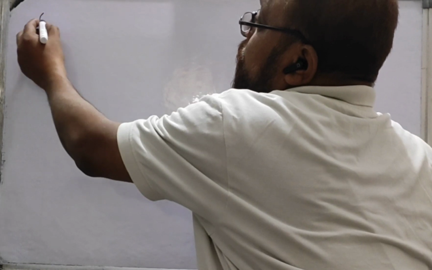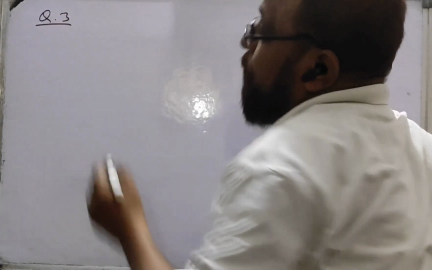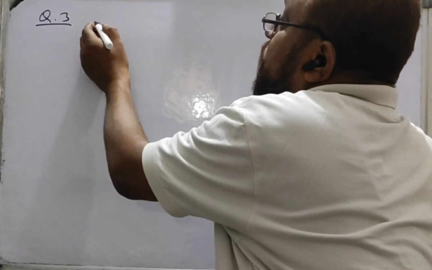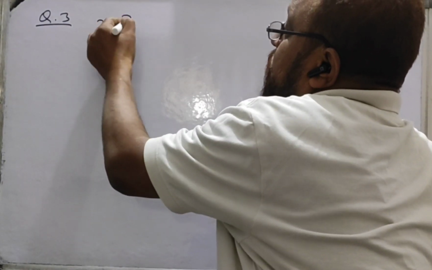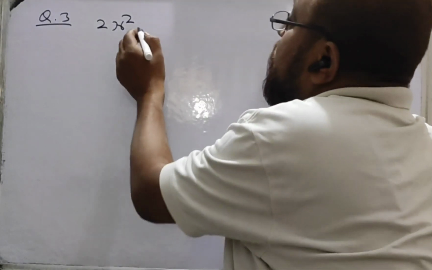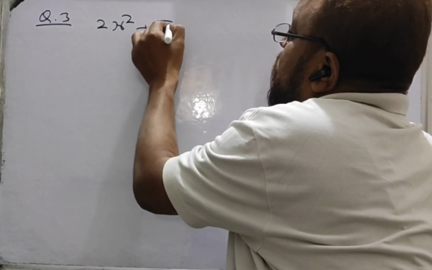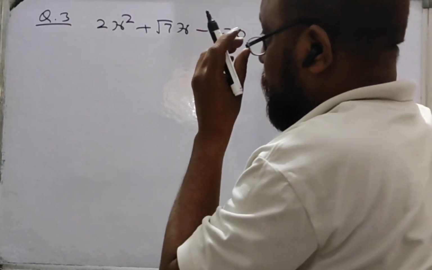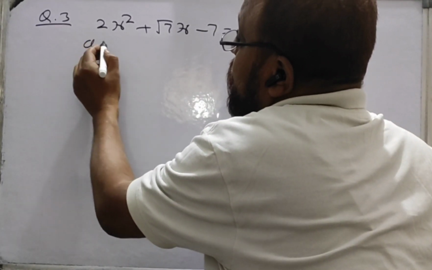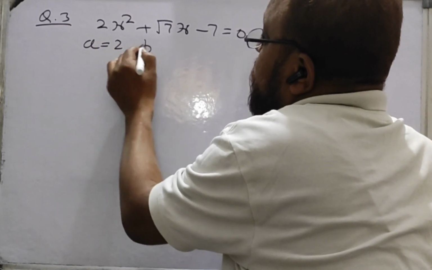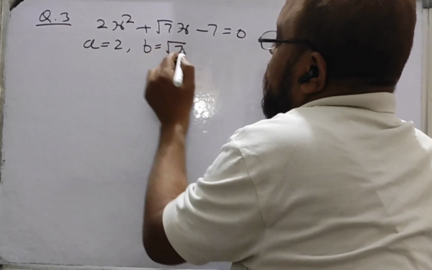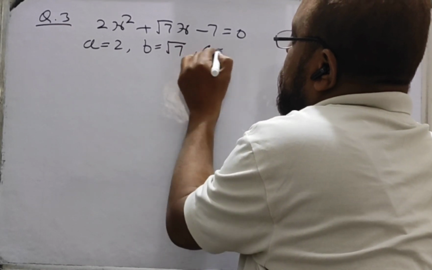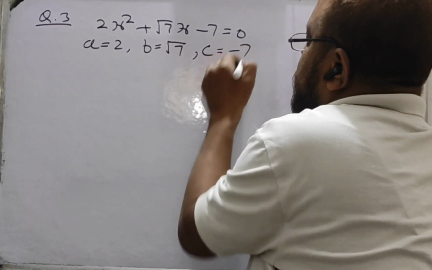Now we have question number 3. That is from quadratic equations. That is 2x square plus root 7x minus 7 is equal to 0. So a is equal to 2, b is equal to root 7, and c is equal to minus 7.